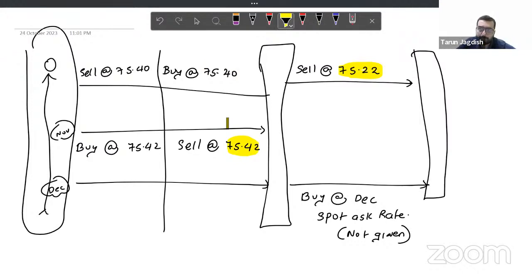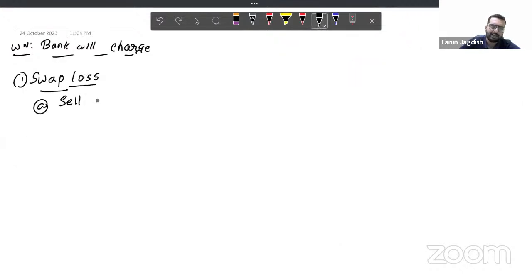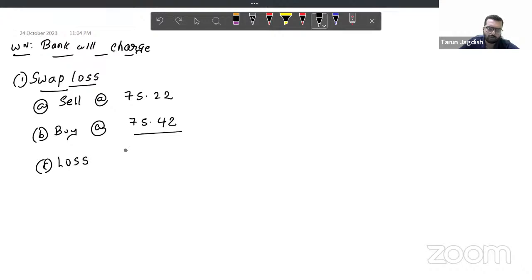This was supposed to happen after a month, but now it has happened at the original date itself. So first, what is the bank's point of view action? Bank has sold at 75.22. Bank has bought at what price? 75.42.